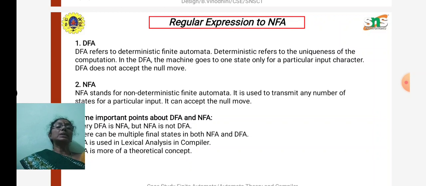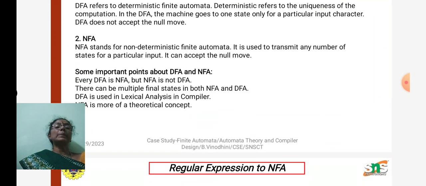Finite automata are of two types, DFA and NFA. Every DFA is an NFA, but every NFA is not a DFA. We are going to construct our problem using a DFA.